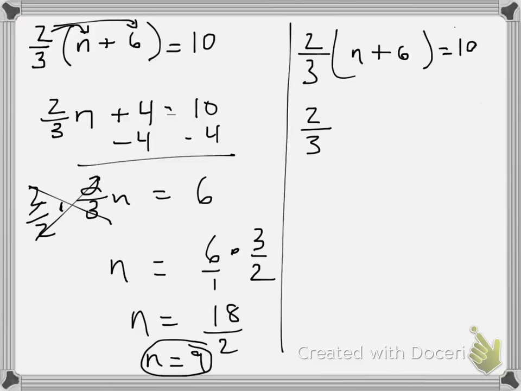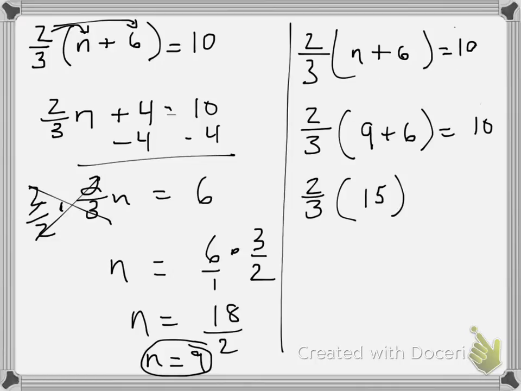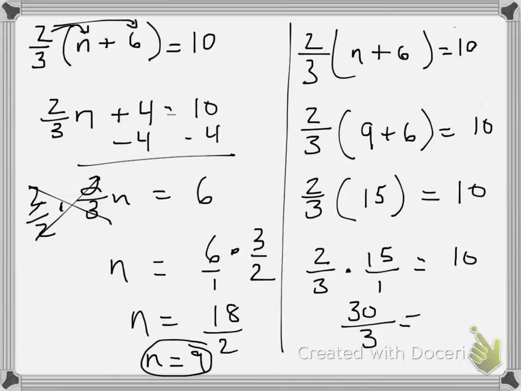So now it's 2/3 times the quantity 9 plus 6. Alright, now I have to solve my parentheses first. 9 plus 6 is 15. So 2/3 times 15. So this would be 30 over 3. And I'm getting a little low on room, but 30 divided by 3 is 10. And 10 equals 10. So this one checks as well.